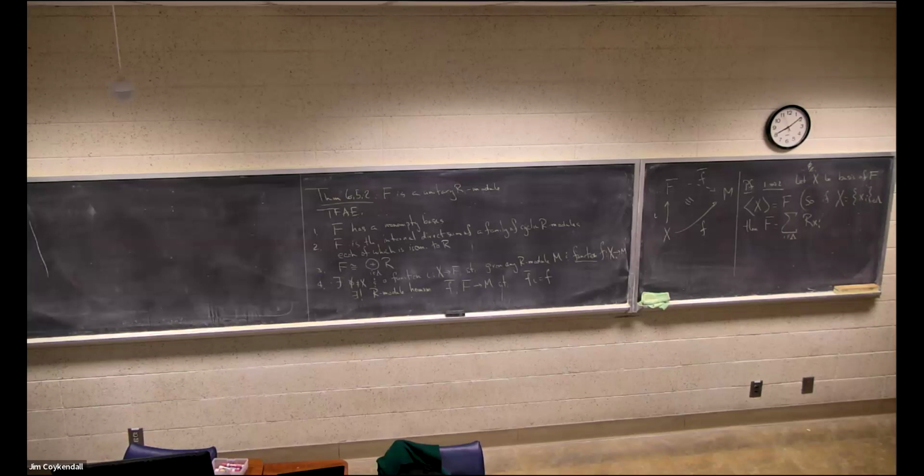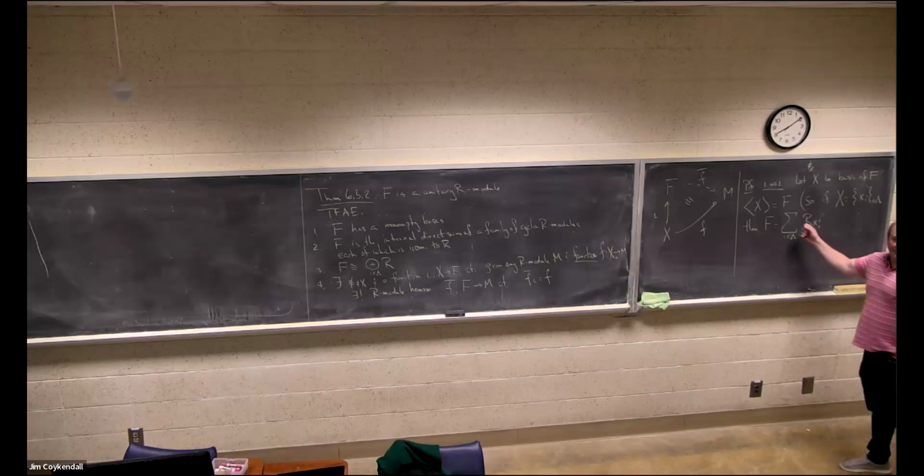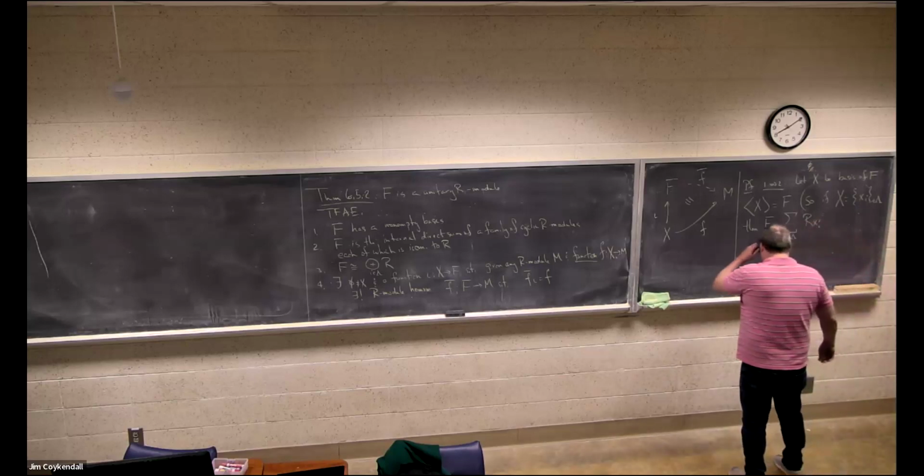What this really says is everything that you can find in F is some finite linear combination of the elements of this basis, right? Because this is exactly the module generated by the set X, right? Really the burden here is to show that you also get that it's a direct sum.